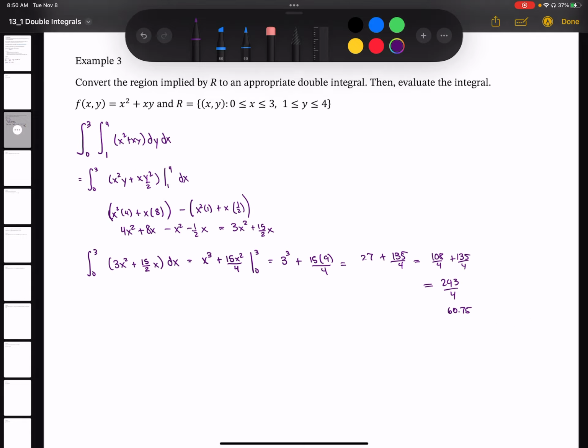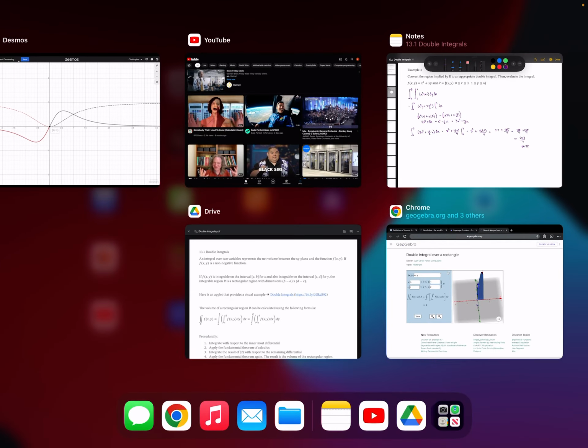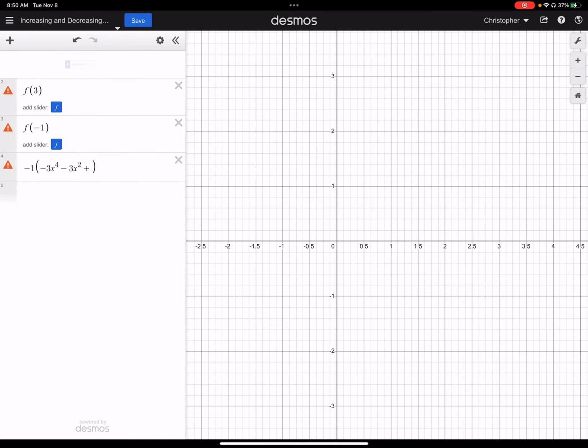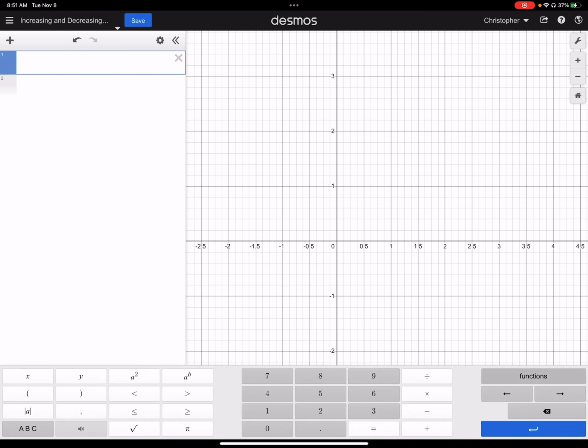Now, conveniently, we can actually check this in Desmos. So let me pull up the Desmos. Let's clear this all out. And we can actually just do a double integral. I'll actually show you how we can do this.